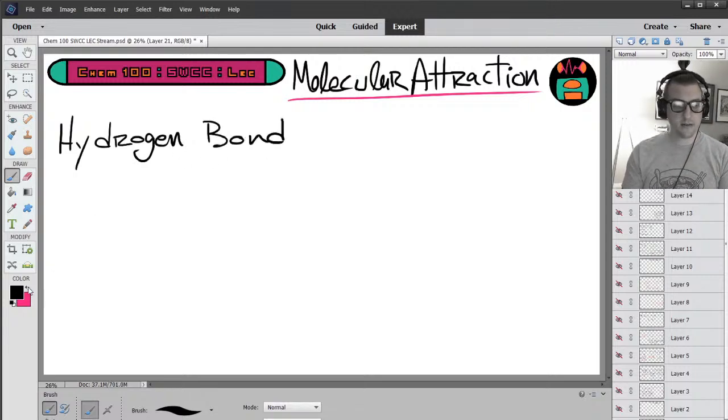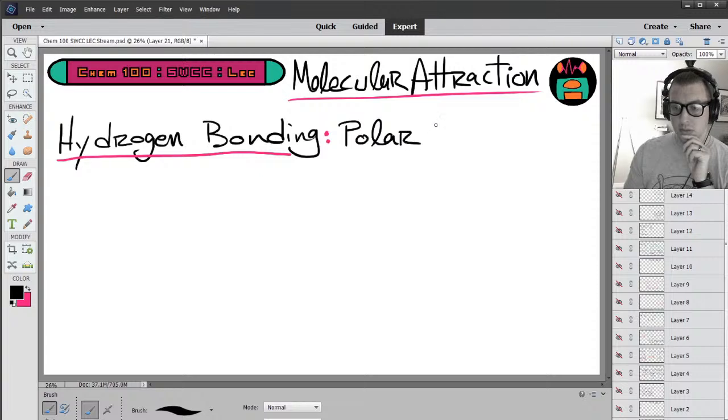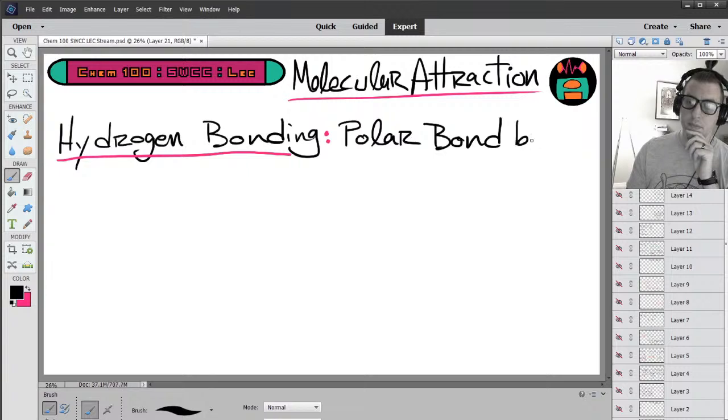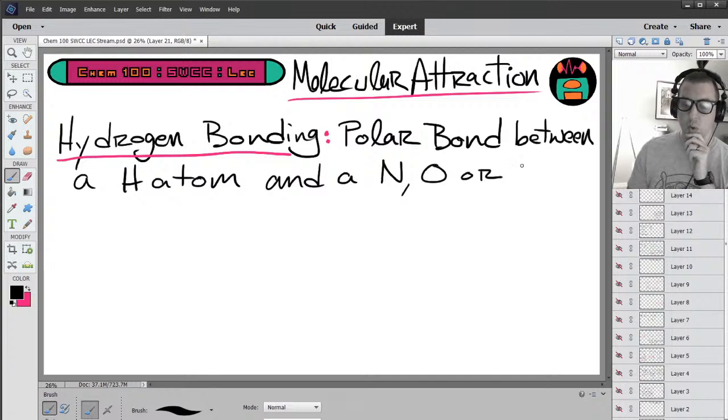Hydrogen bonding is a special type of molecular attraction that happens when you have a polar bond between a hydrogen atom and a nitrogen, oxygen, or fluorine.